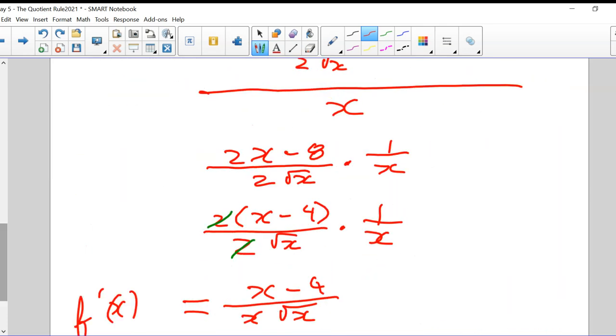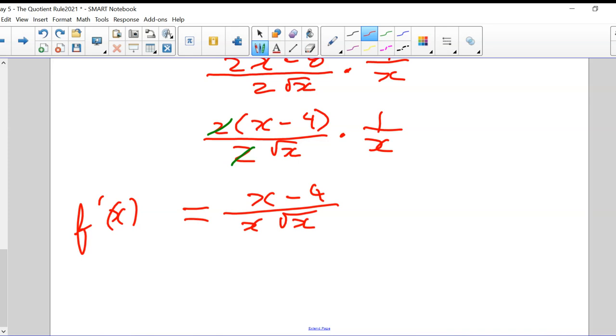So we need to set this thing that we have equal to 0. Right? This has to be equal to 0. Now, you might remember this from rational functions.